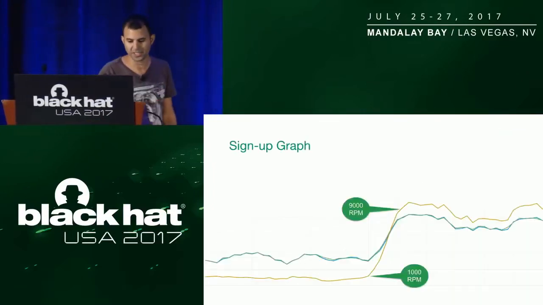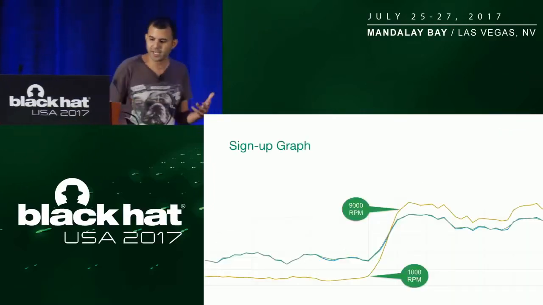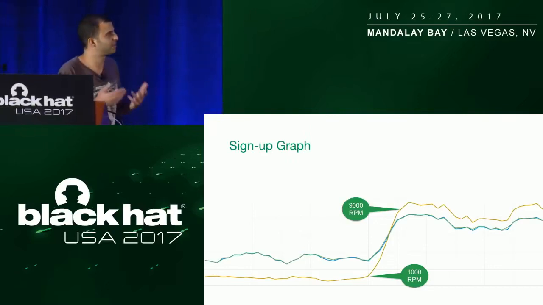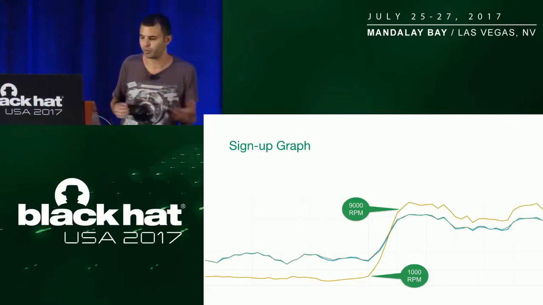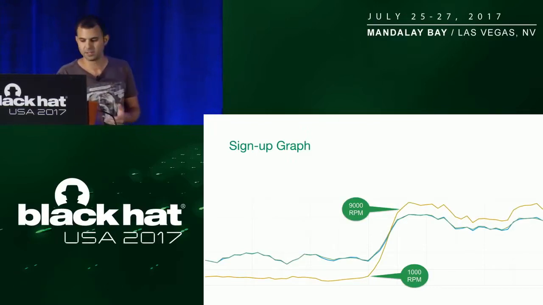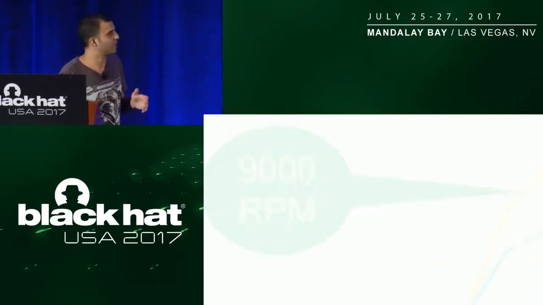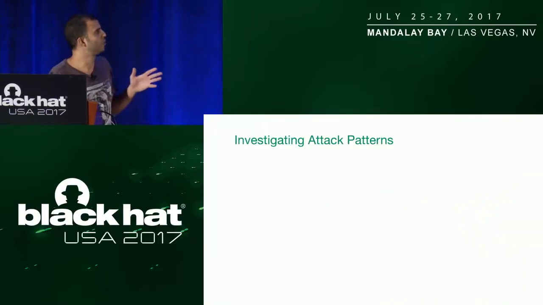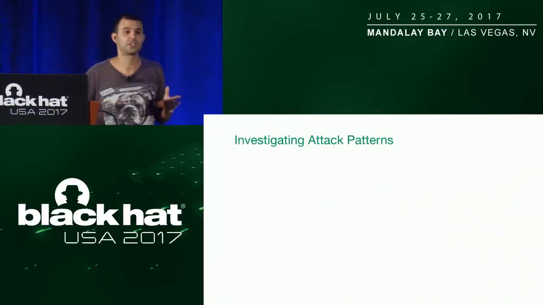So back to our attack, we started to investigate it deeper. What is the origin of this request, and we found a few patterns. So this is what we knew during the investigation of this attack.